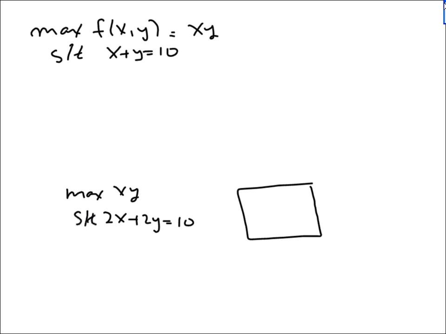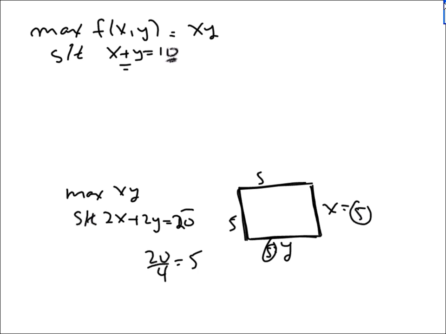I have some rectangle x by y, and the perimeter is 2x plus 2y, which is 20. If the perimeter is 20, I divide by 4, and all sides should be 5. And for the record, x plus y really does equal 10.